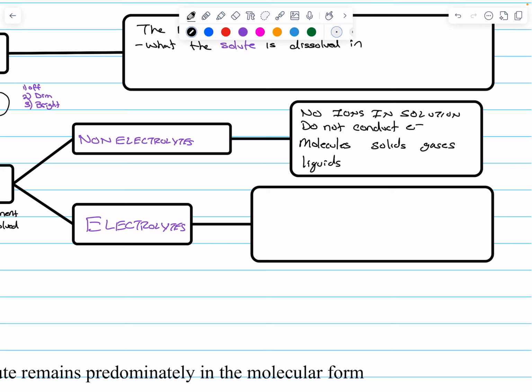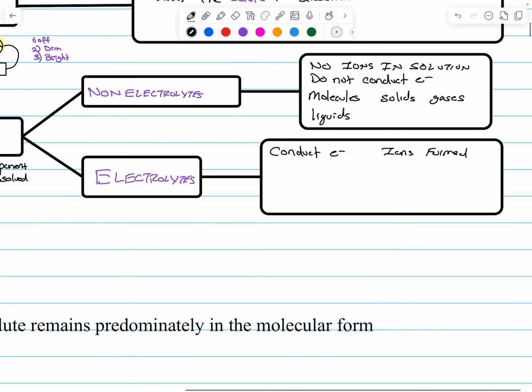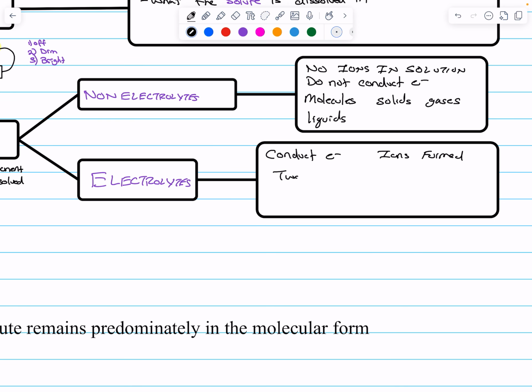They're non-electrolytes. Electrolytes are the opposite. They conduct electricity, and ions are formed. There are two types: strong and weak.